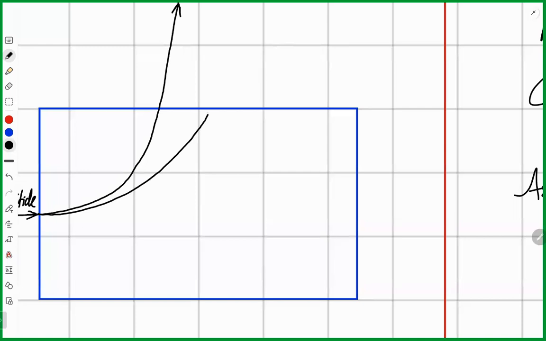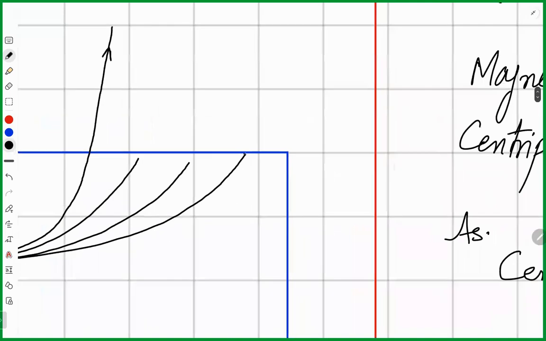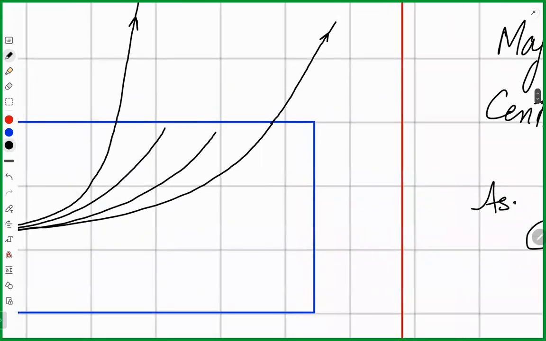This is also a circular path. Some go like this, and some like this. Whenever they come out, they come out in a straight line. So now, the particles are coming out from every point.